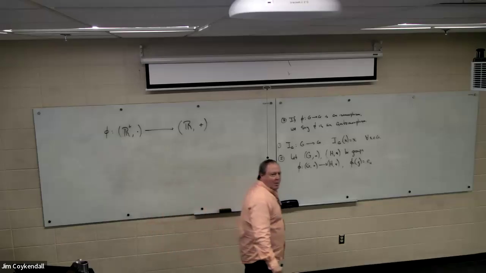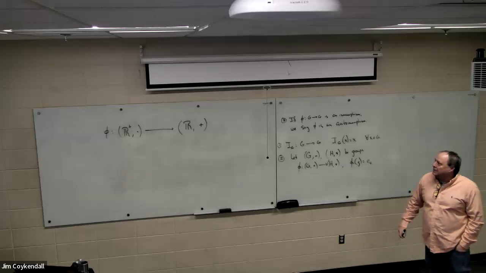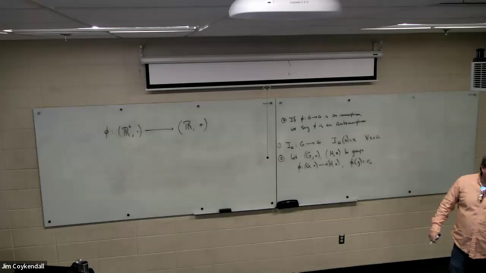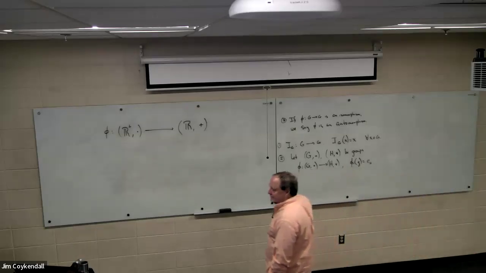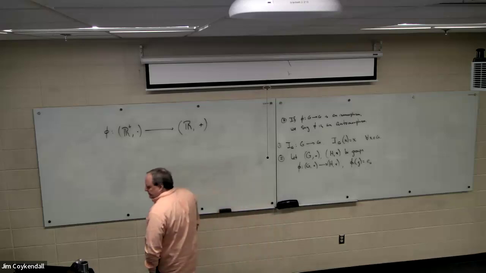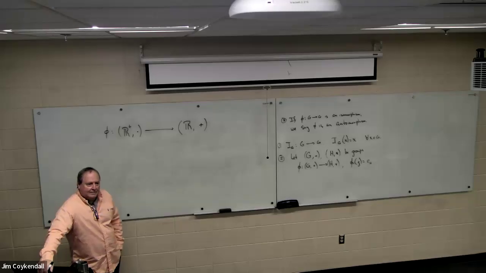Can anybody give me a homomorphism from the positive reals under multiplication into the reals under addition? And see, we've got two different operations. Anybody want to speak up and log their guess?